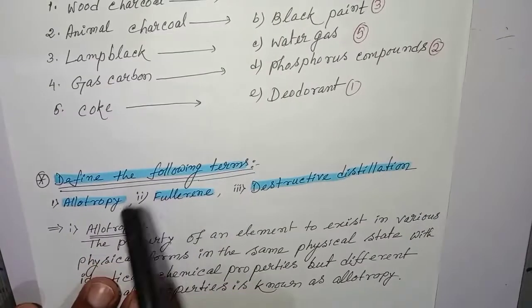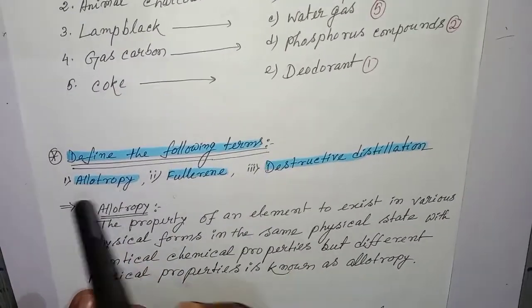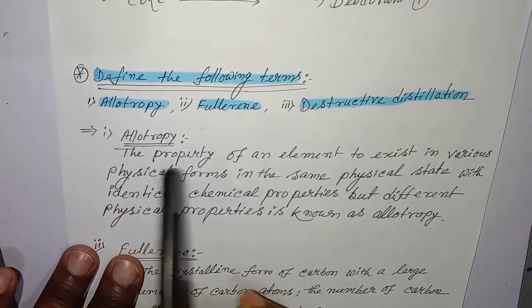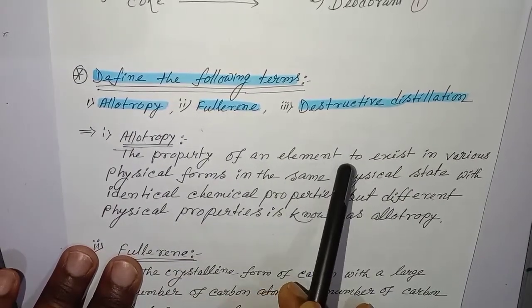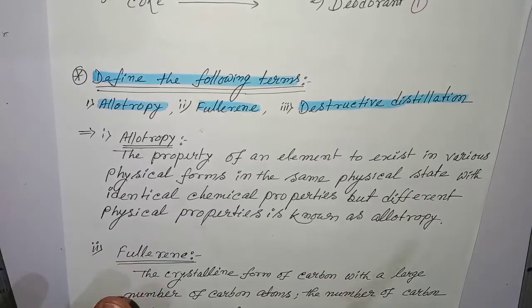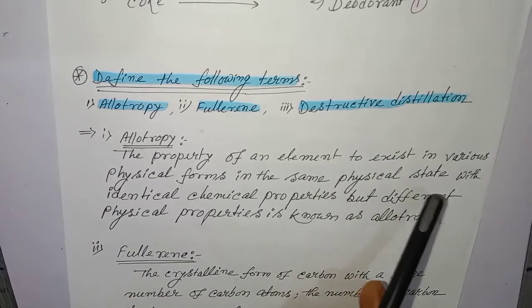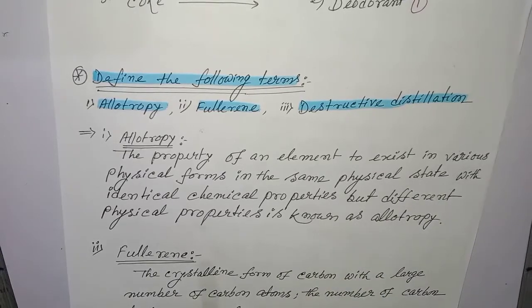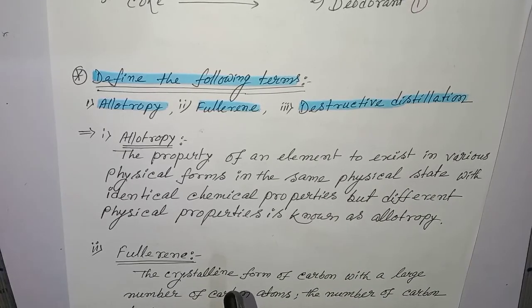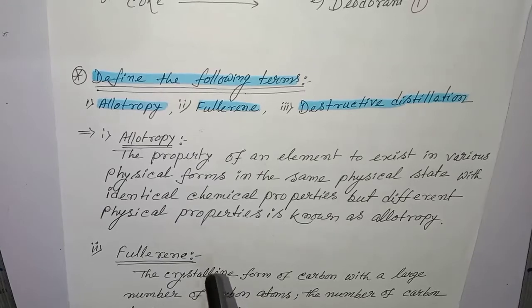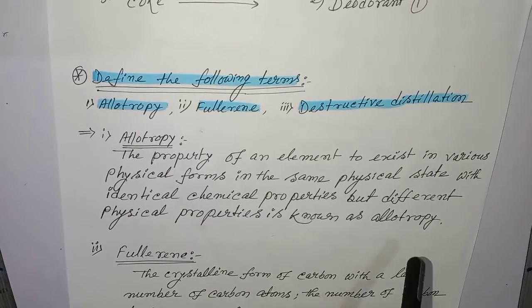Next item, define the following terms. Allotropy. What is allotropy? The property of an element to exist in various physical forms in the same physical state with identical chemical properties but different physical properties is known as allotropy. Okay, fullerene.